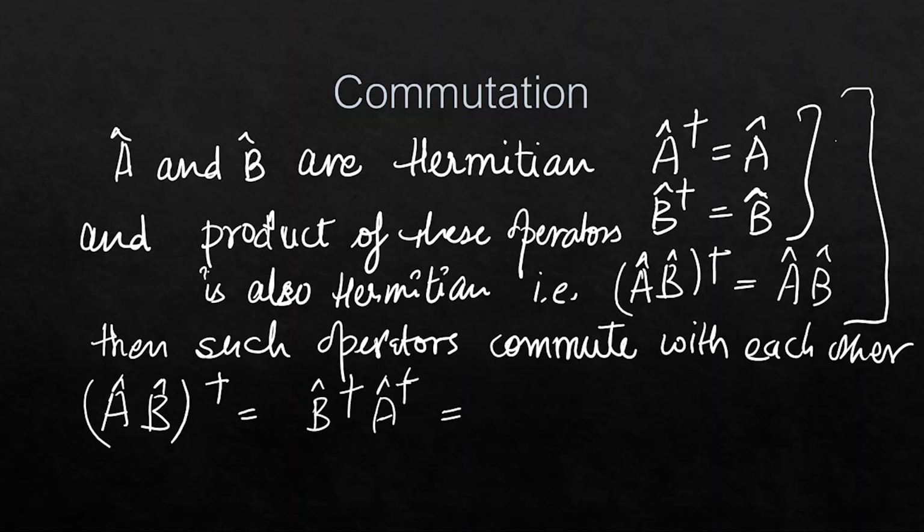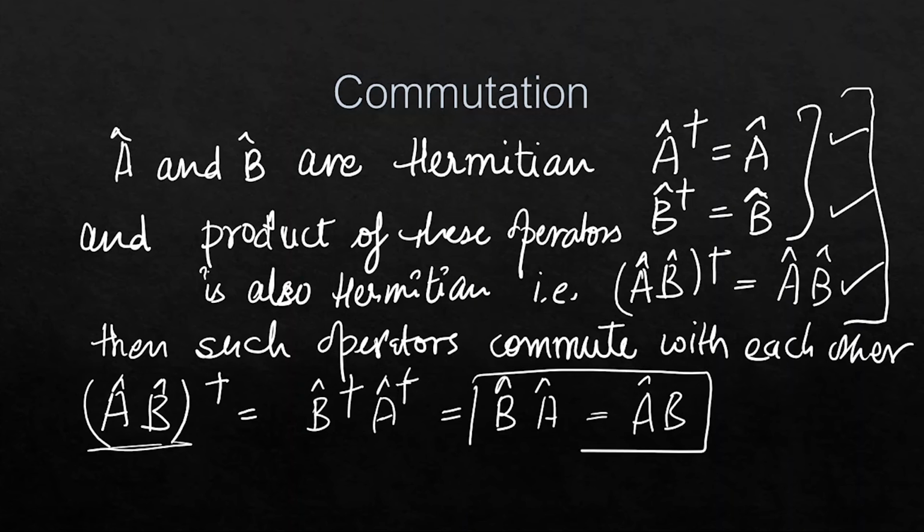Using these two relations, B adjoint is B and A adjoint is A, so we can write (AB) adjoint as BA, and by making use of (AB) adjoint equal to AB, we get AB is equal to BA. That means the commutator [A, B] vanishes.